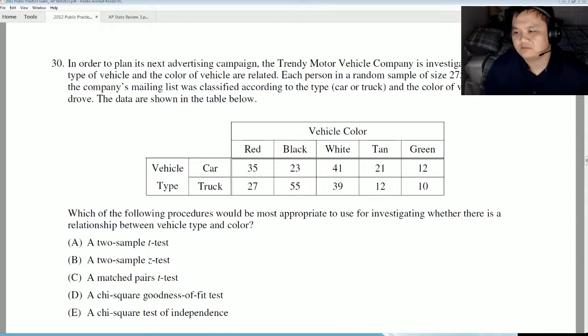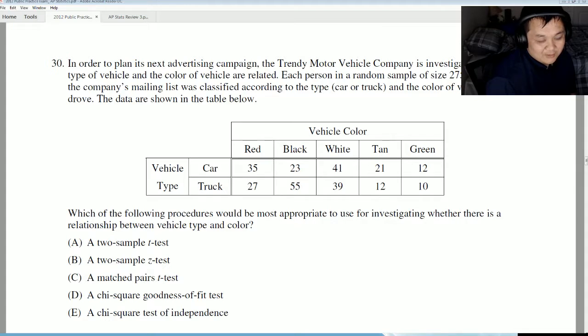Oh, I see. If you want to use the t-test, you have to use it so many times. The difference between the t-test and the z-test is your sample size. Okay, I get it. If you want to use a two-sample test, you have to use it like 5 times.